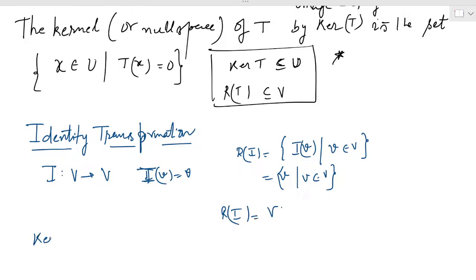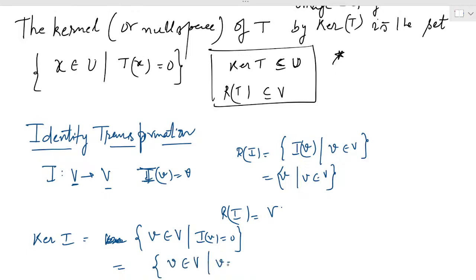And what do you think the kernel of I would be? Kernel is all those elements in V, because here it is a transformation from V to V, such that I(v) becomes 0. And if I(v) becomes 0, it implies all those v belonging to V such that v is equal to 0.